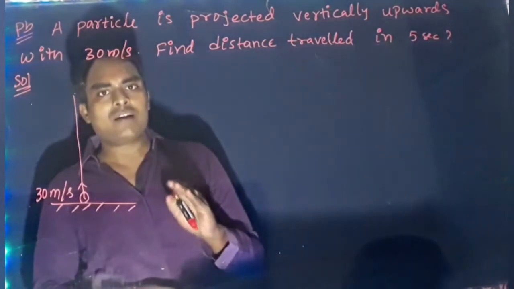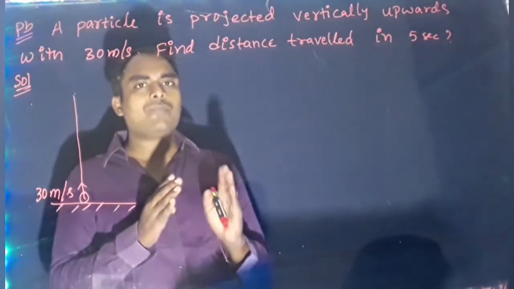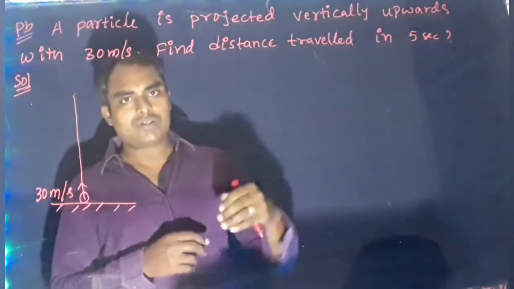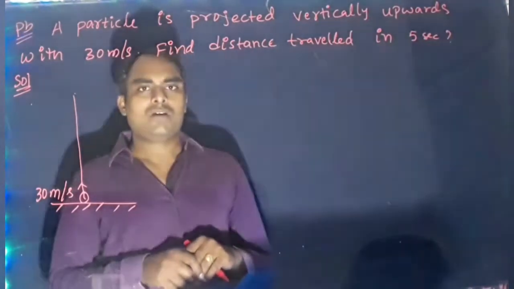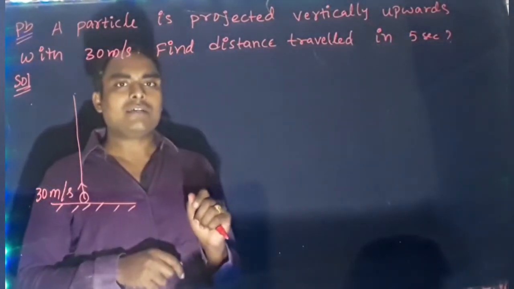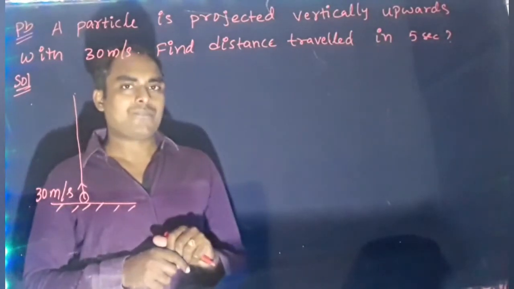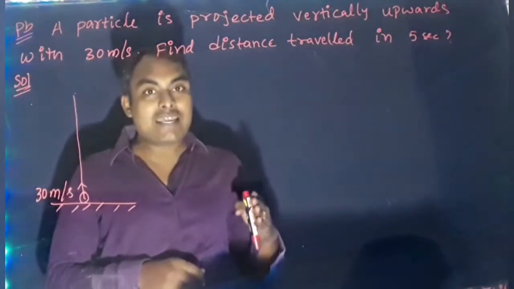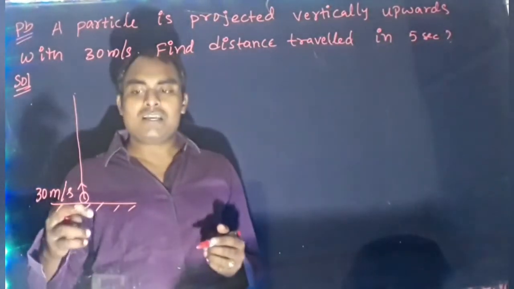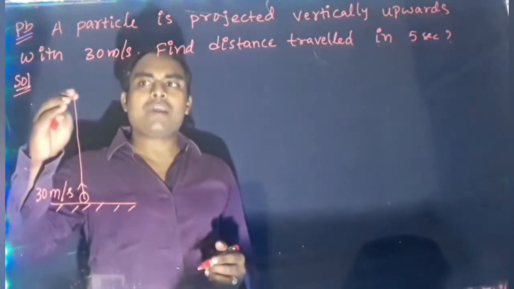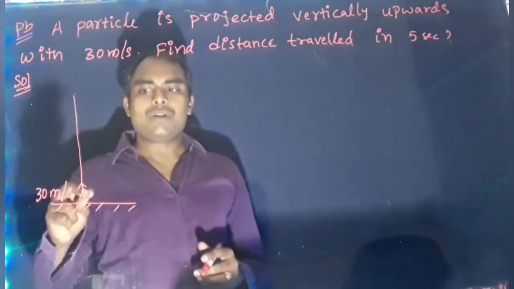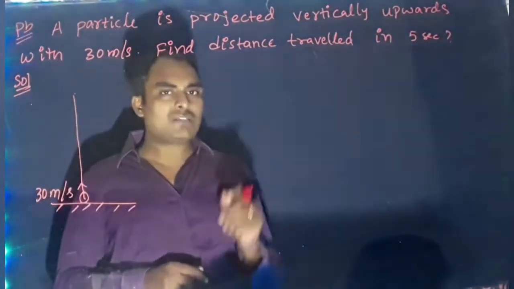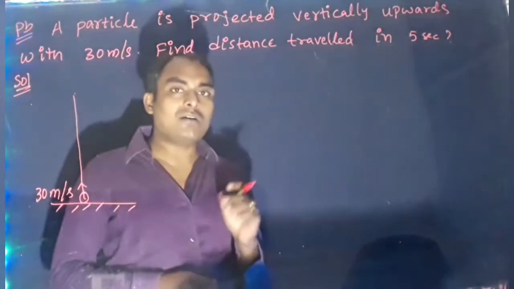Distance travelled and displacement are equal if a particle is moving in a straight line in the same direction without changing direction. In s equal to ut plus half at square, s is the displacement, but it can be equal to distance also if the particle is moving in the same direction. But a vertically projected body first goes up, then comes down. If it comes back to the ground, its displacement is 0, but distance is not equal to 0.